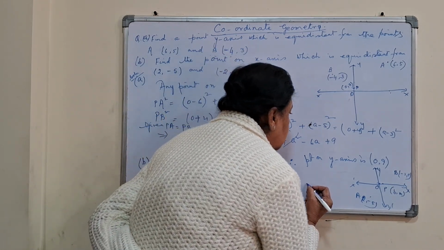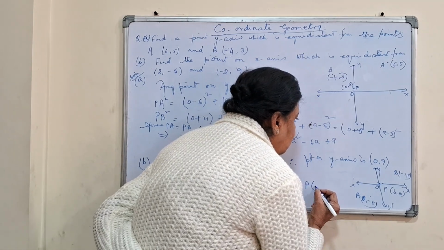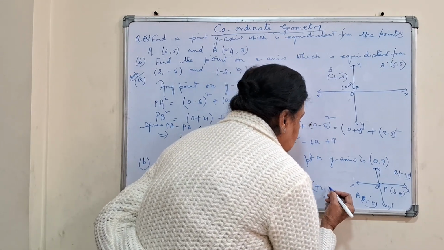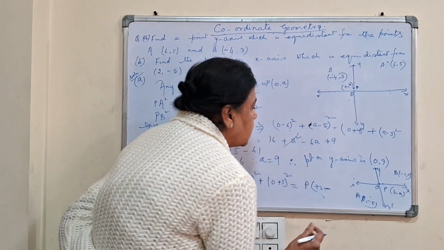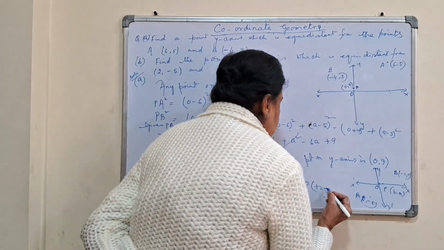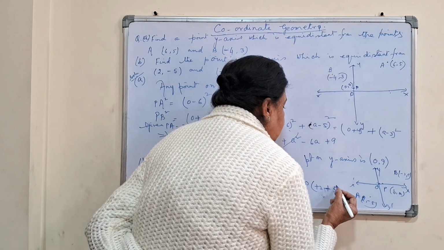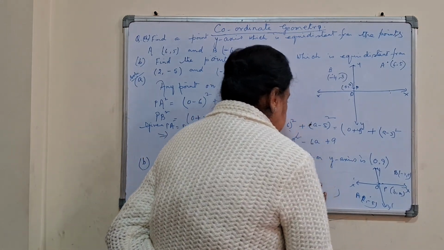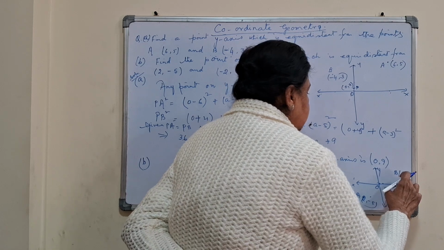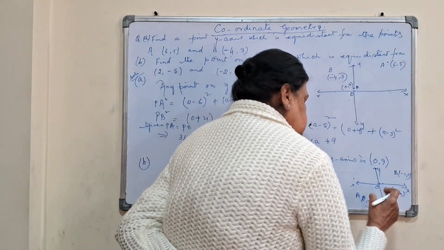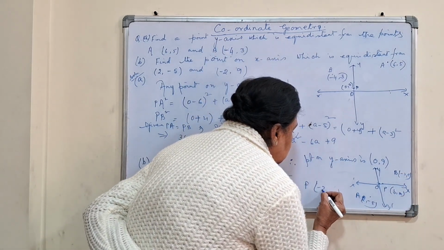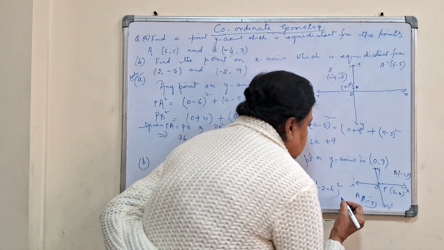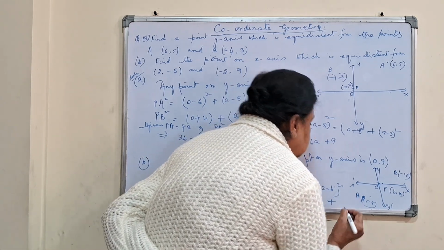PB square will be (b plus 2) whole square plus (0 minus 9) whole square.